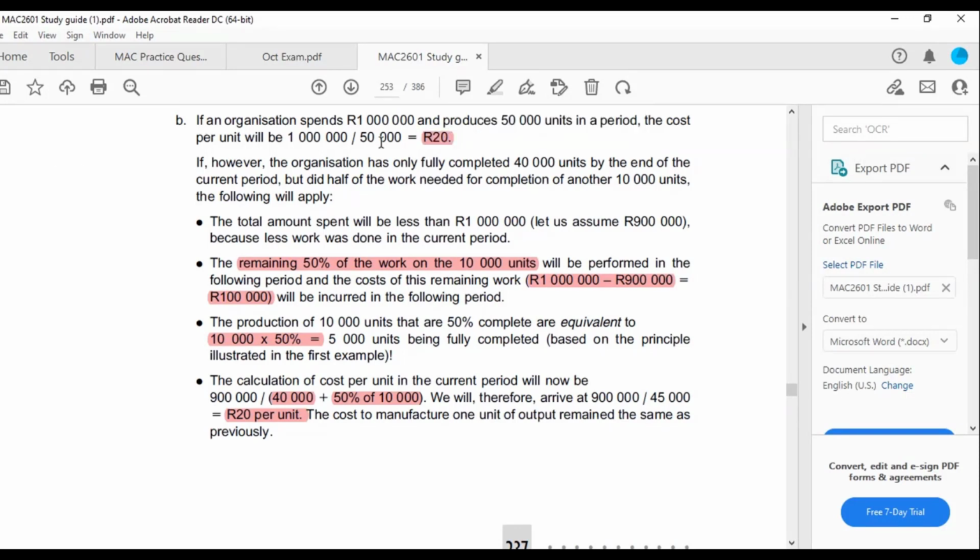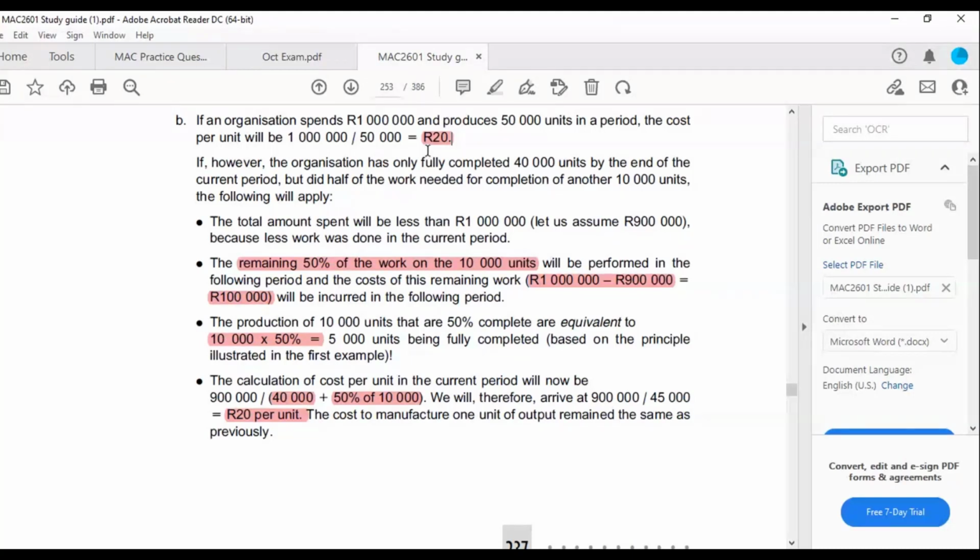Because this one is straightforward. 100% of the units were completed. So whatever we've spent, which is the 1 million, over those units that were 100% completed, we will be able to quantify the cost per unit, which is 20 Rand.